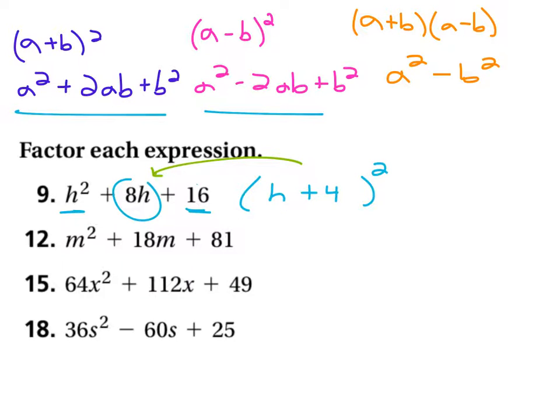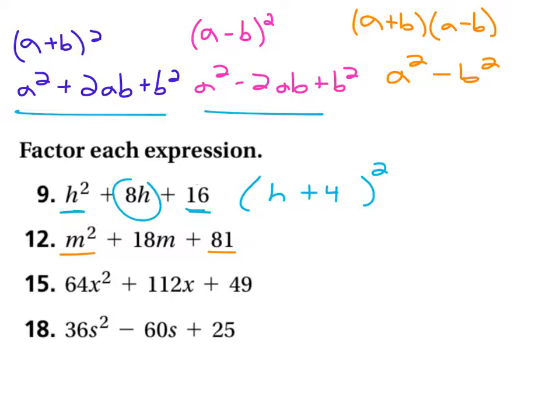The first clue that we're dealing with a special case is that the first and the last terms are perfect squares. So let's try that again for number 12. The first term, yep, and the last term, yep, perfect squares. And by the way, that's a positive number, so we know we're dealing with one of those first two cases.